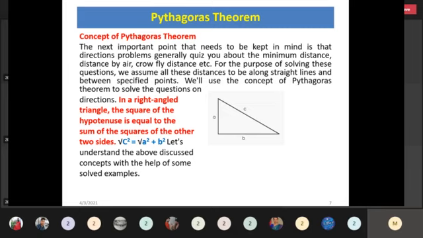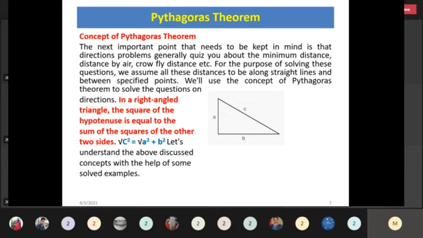We'll use the concept of Pythagoras theorem to solve the questions on directions. In a right-angled triangle, the square of the hypotenuse is equal to the sum of the squares of the other two sides.